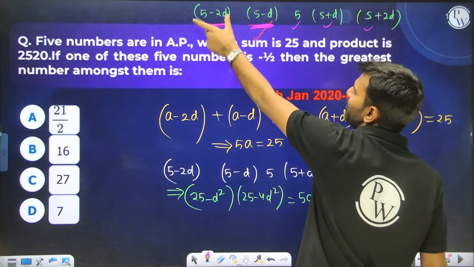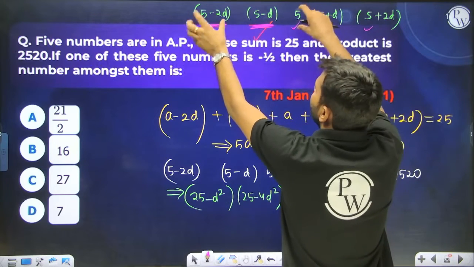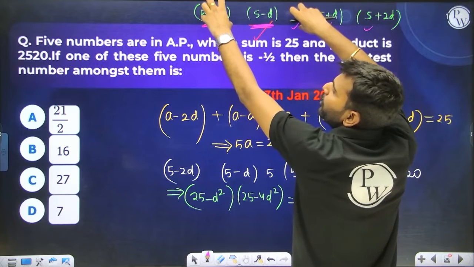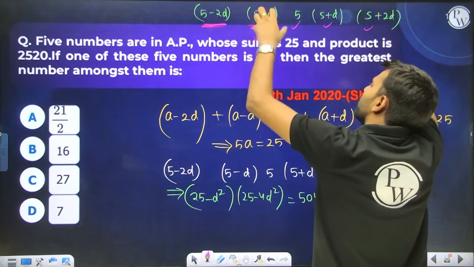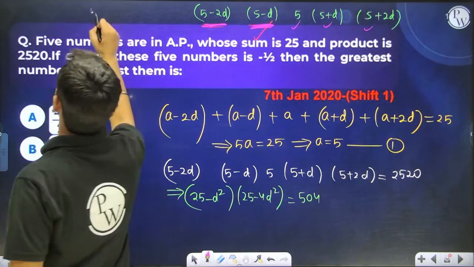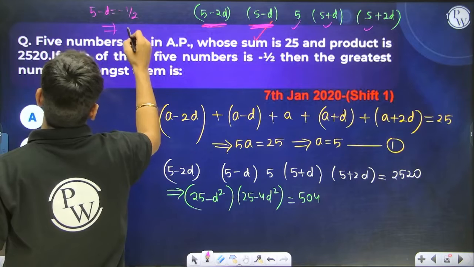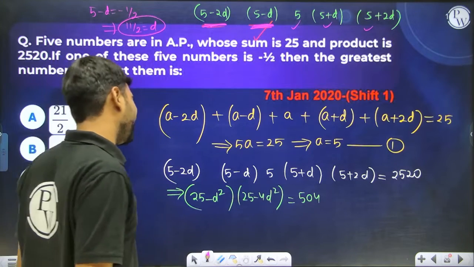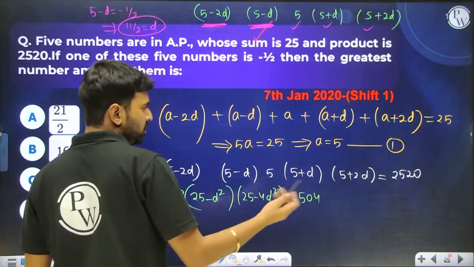If this is minus 1 by 2, then this will never be a negative number. Why? Because the mean of these 2 numbers has to be this, and 5 plus minus 1 by 2 upon 2 will be a positive number. So this cannot happen, that this is a negative number. So 5 minus d has to be equal to minus 1 by 2. So from here we can say that d's value is going to be 11 by 2, and if d's value is 11 by 2, then I think we can comfortably get all these numbers.